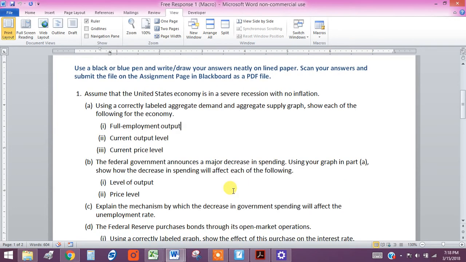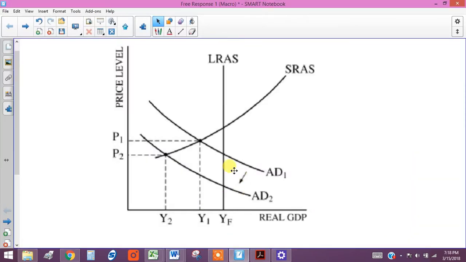So now in part B, we're told that the government is going to cut spending. That's going to shift your aggregate demand to the left, and we jump back over to our graph so you could show for part B that leftward shift. You can label the original aggregate demand AD1, and then after the shift label this a second aggregate demand AD2.